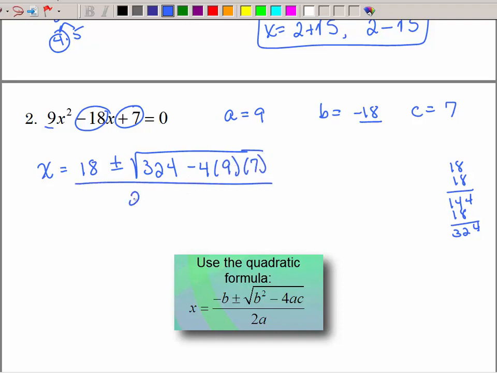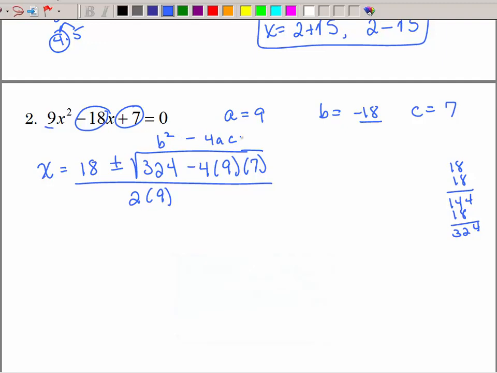All right, so b squared minus 4ac, all divided by 2a. Right, so we have b squared minus 4ac. Ooh. All right, so I've got to do some more arithmetic. So I have 18 plus or minus the square root of 324. I only have one minus sign, so I know I'm going to subtract. So let's see, 4 times 9 is 36 times 7.